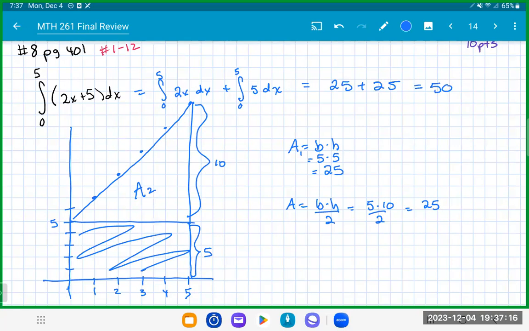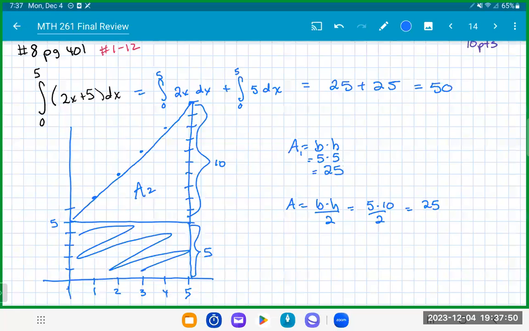Okay, question. Professor, can you go over how we get the 10? Yeah, so when you draw out the graph, I can see that it's 1, 2, 3, 4, 5, 6, 7, 8, 9, 10 units high when we solve that out graphically.